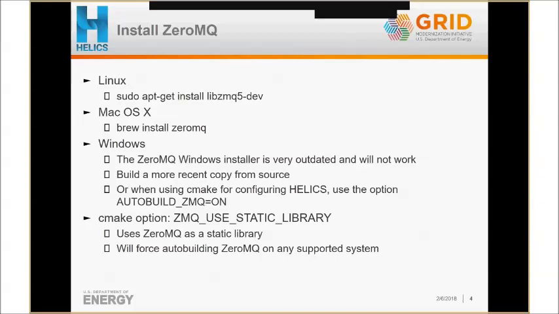And that's probably the easiest way to get 0MQ working on Windows. Another CMake option you might be interested in is ZMQ use static library, which will force auto-building 0MQ on any of the supported operating systems and then link to 0MQ as a static library instead of using the shared 0MQ libraries on your system.